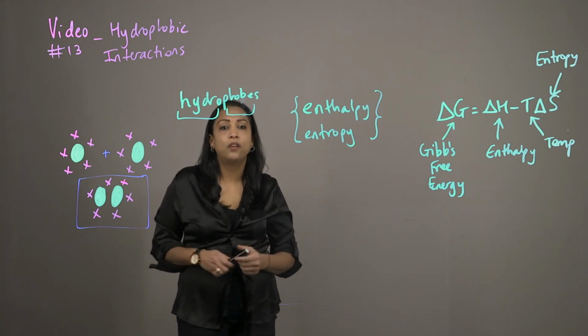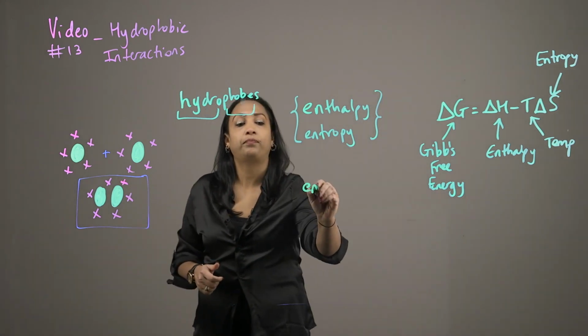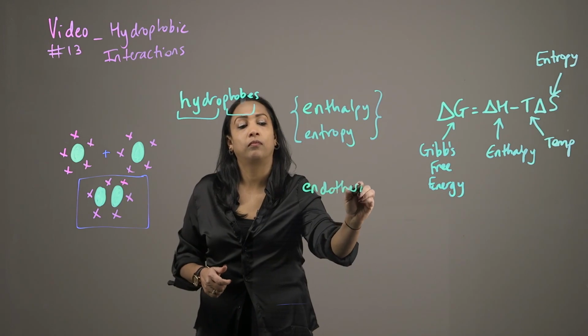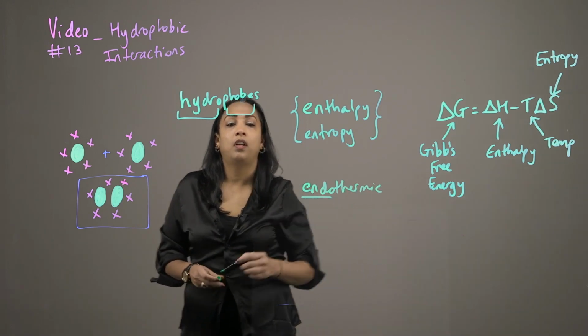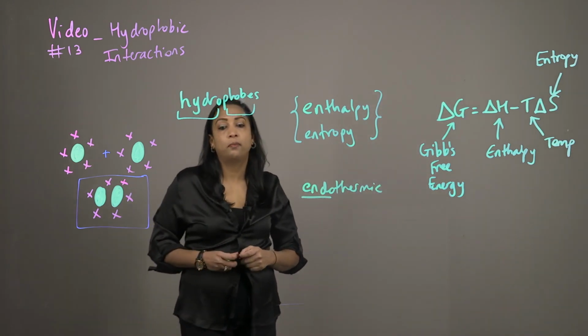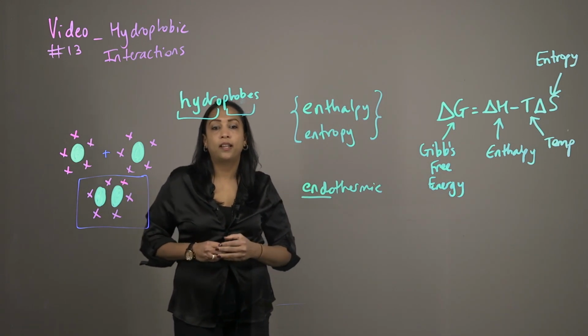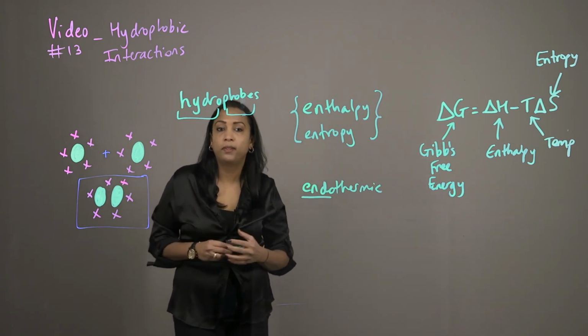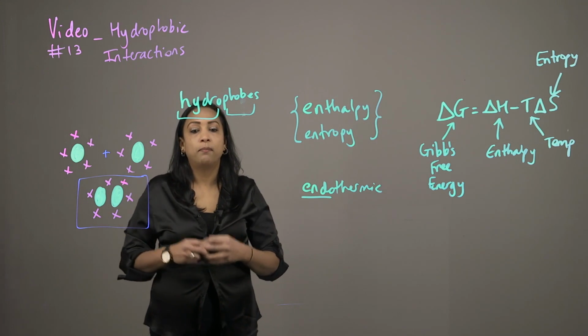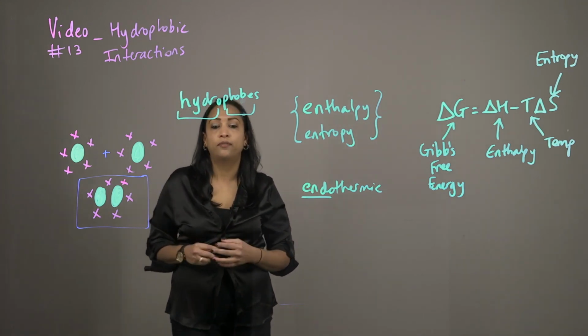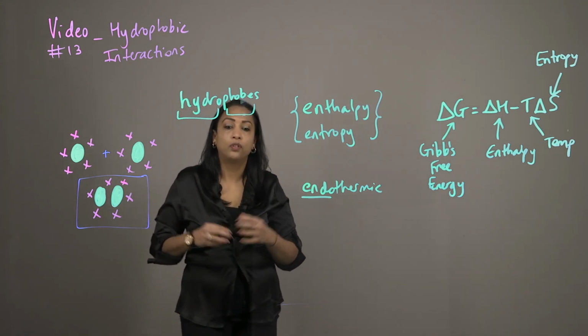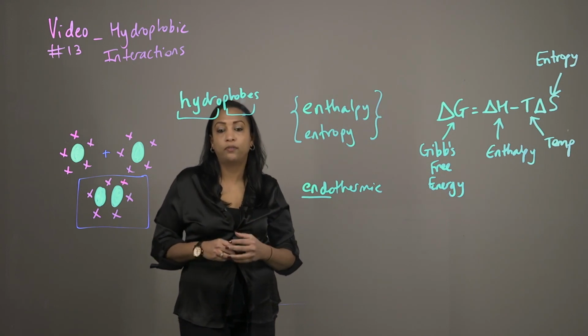And this is an endothermic reaction. Now, an endothermic reaction, as we might know, is one that is not extremely favorable. So to make room for the hydrophobe, water molecules do not react with the hydrophobe.